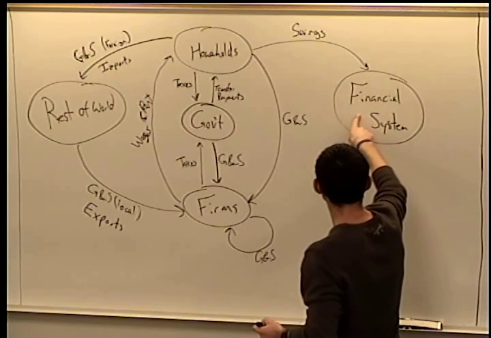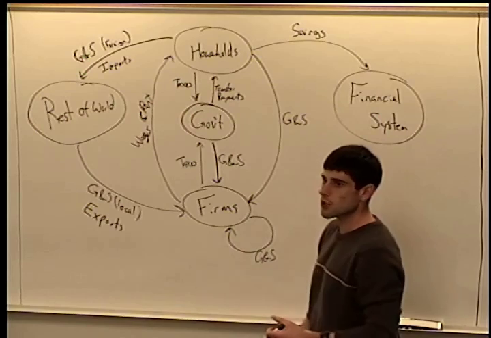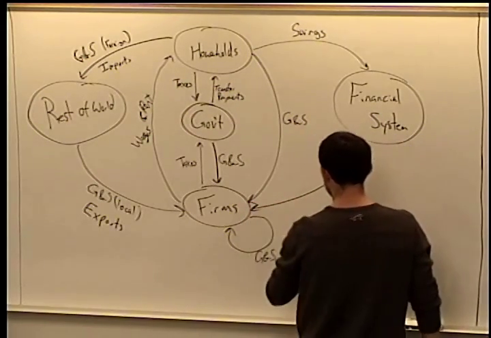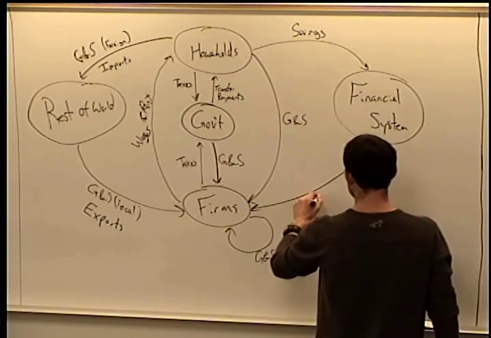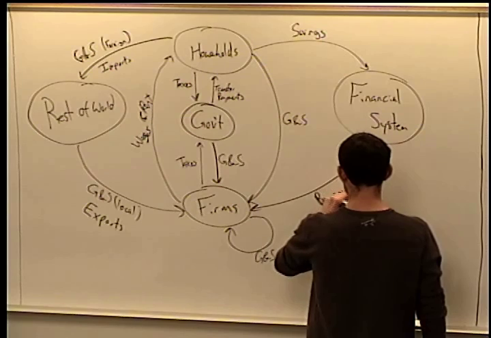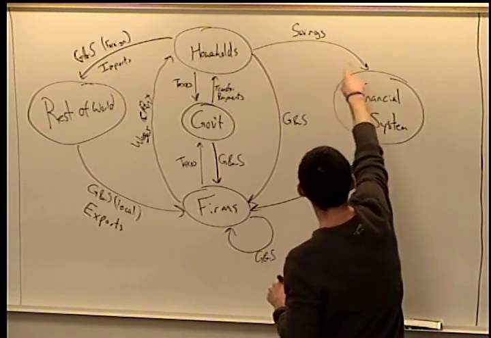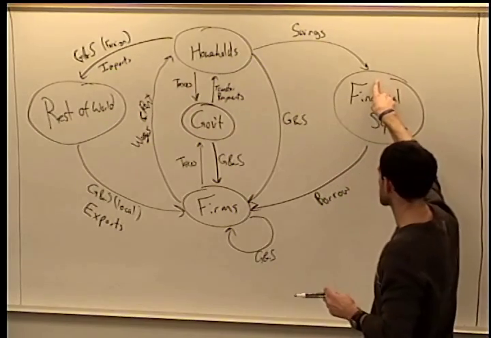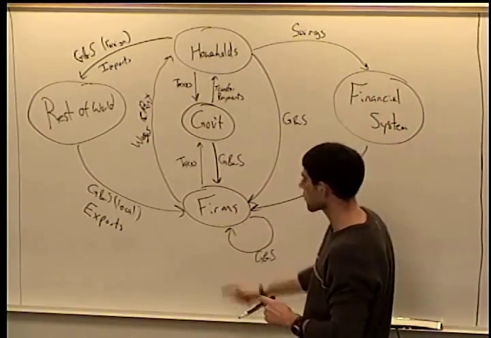Okay? And the financial system then can lend to firms. So firms can borrow money from the financial system funded by household savings. So money goes into the financial system by household saving, and then firms borrow that money.